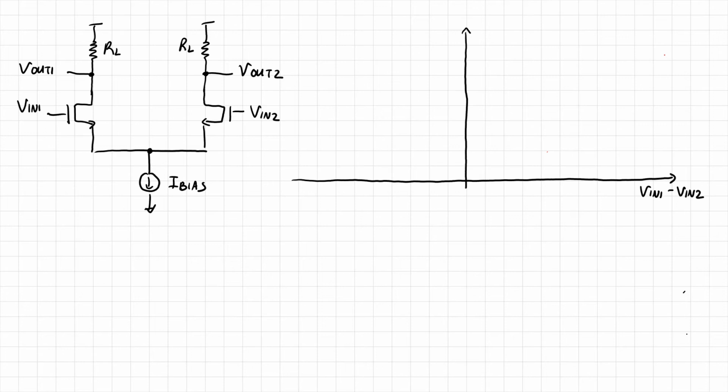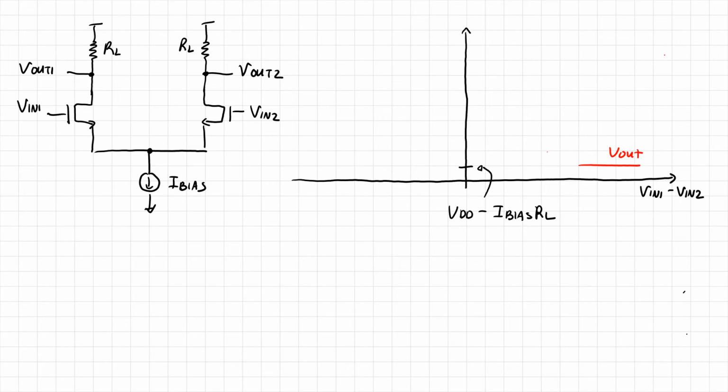As a result, Vout is going to be VDD minus this IR drop. Okay, so we can say on the low end over here, this is going to be what we'll call, I'll just put a little label to it here, VDD minus Ibias times RL. So we say that Vout1, when Vin1 minus Vin2 is high, is going to be somewhere over here.